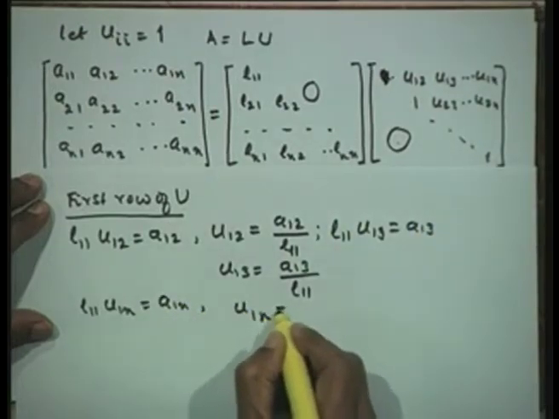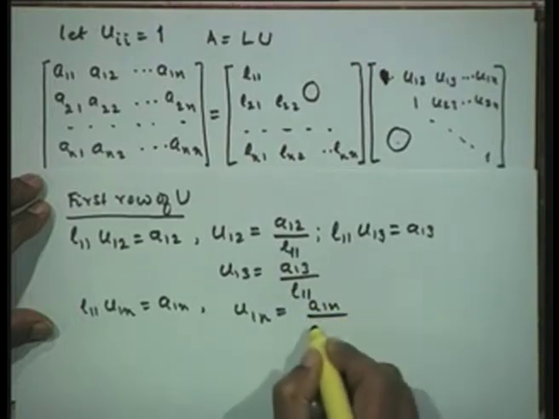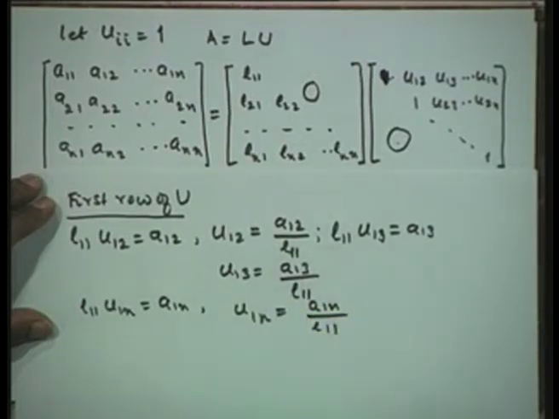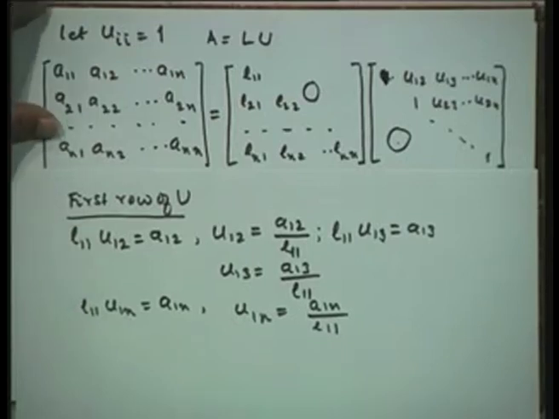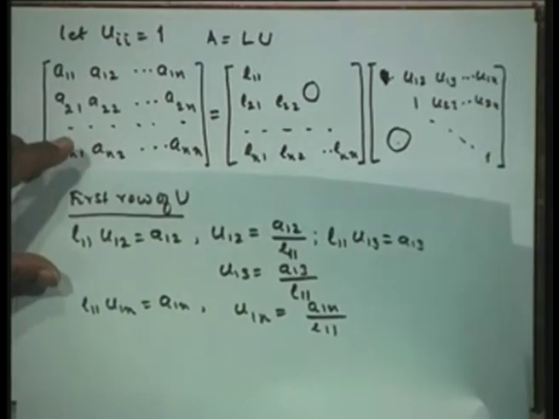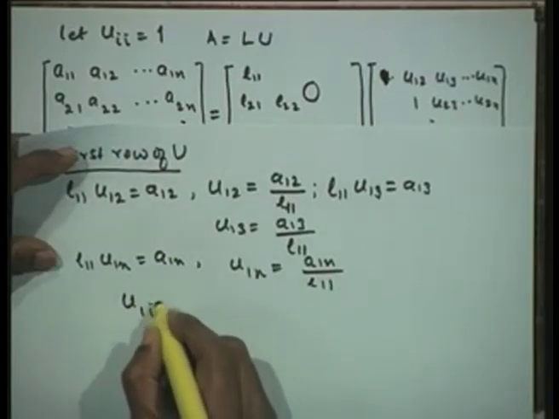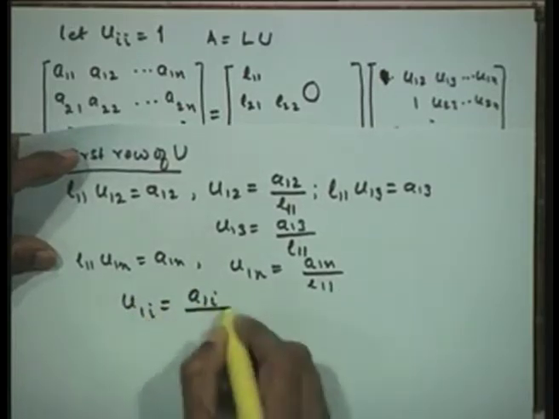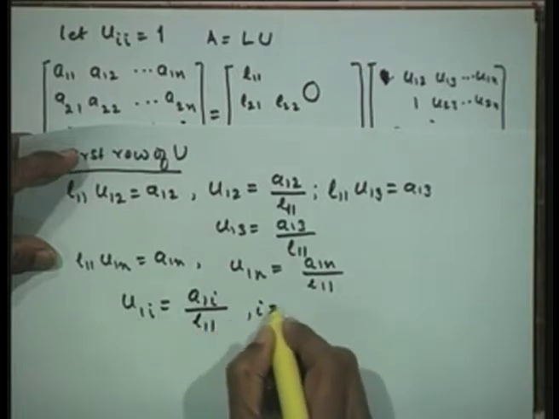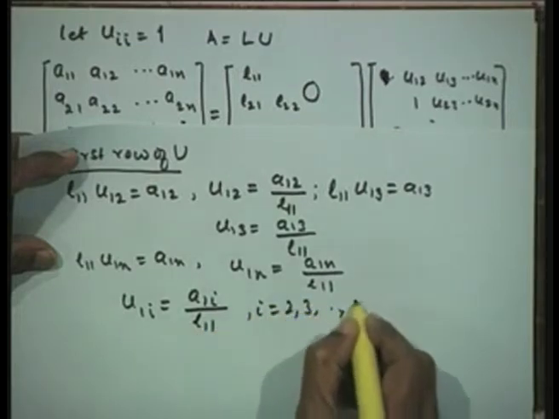Therefore, U1n is A1n by L11. Therefore, what we have here is U1i is A1i by L11, i equal to 2, 3, and so on.